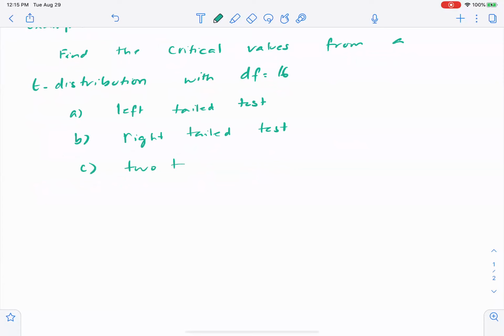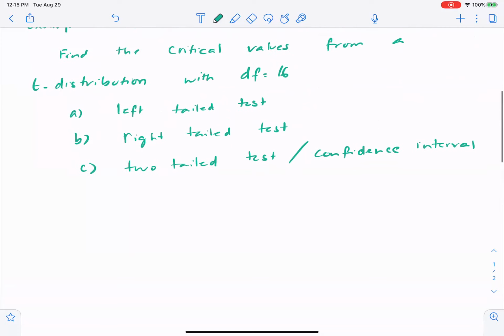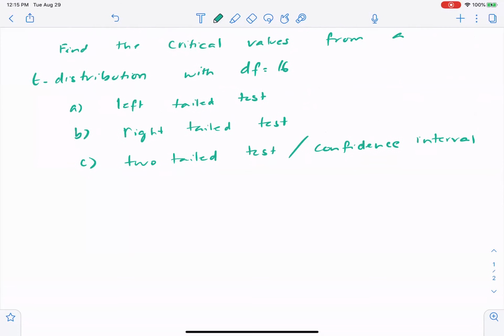C, a two tail test, or confidence interval. They are related, whether you look at it as a two tail test or a confidence interval, the inference more or less is going to be the same. With DF equals 16 and use alpha, let's do 0.05, the conventional level.